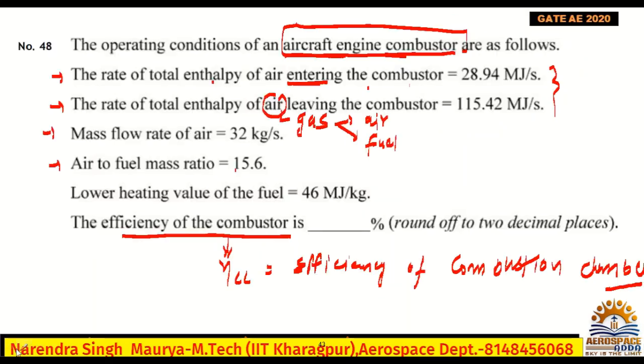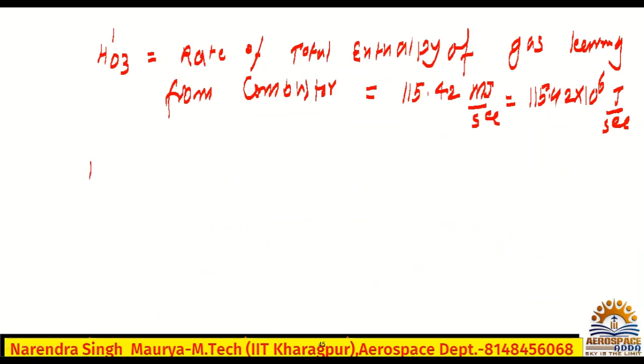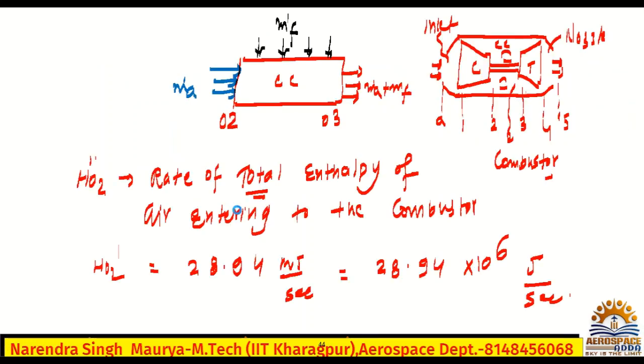Another quantity they have given is the mass flow rate of air, which is m dot a. It is given as 32 kg per second.